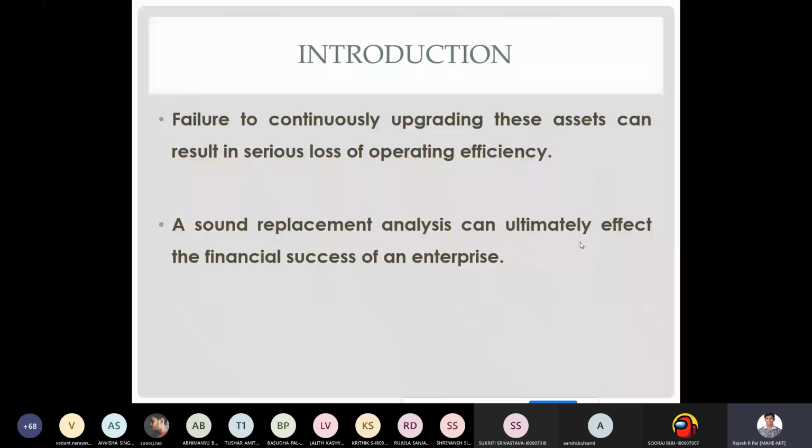The cost associated with it would be more, whereas when you check for other alternatives, there may be new ones which require less labor, less manpower, or other resources, where the output would be more.